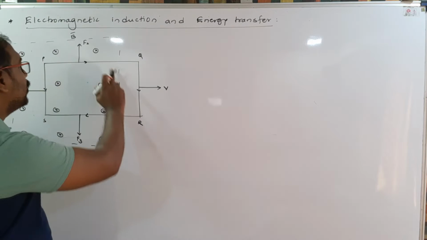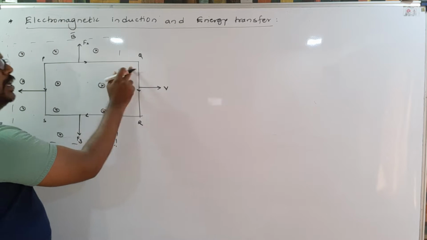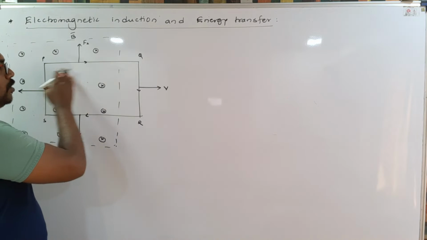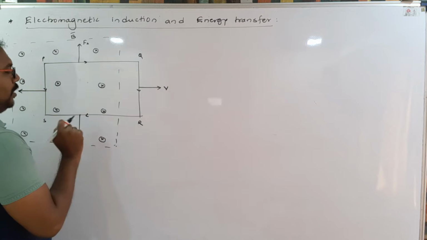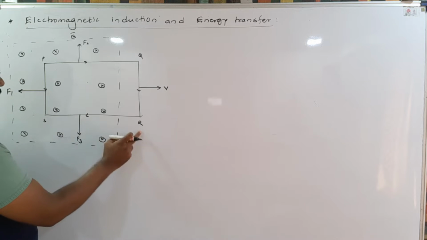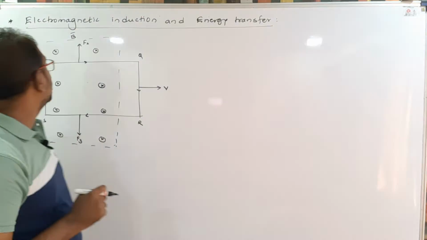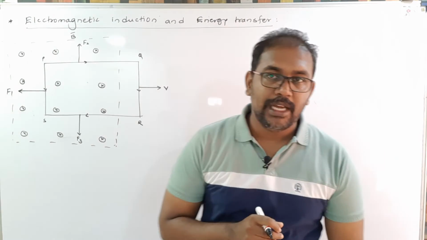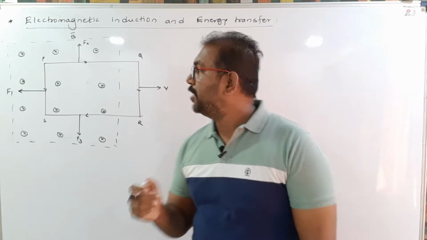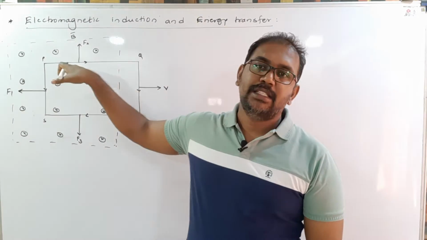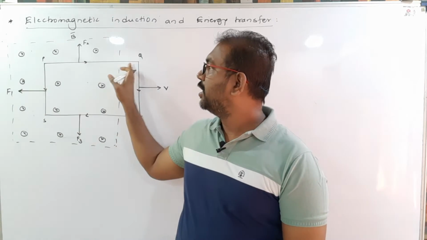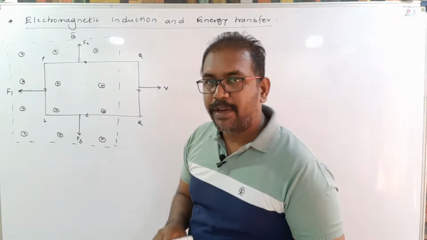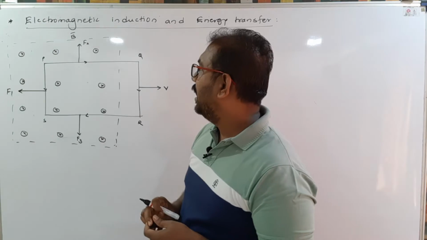The current through segment PQ is toward this side and through segment SR is toward this side. The force experienced by both segments is given by the formula ILB sin theta. Here theta is 90 degrees because the conductor length and the magnetic field are perpendicular, so the force is ILB.